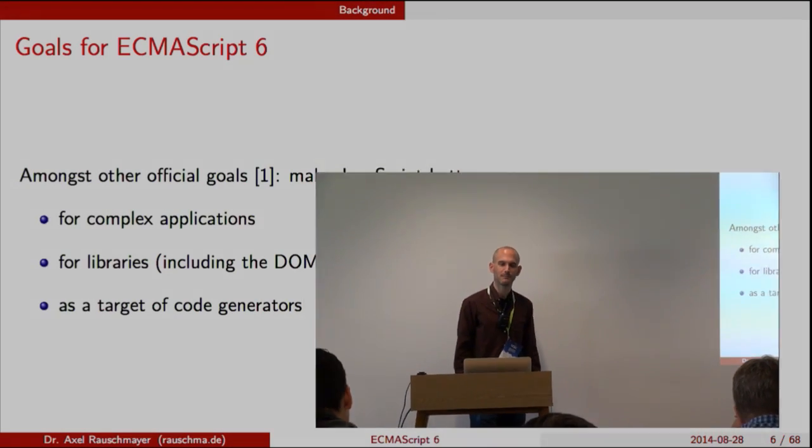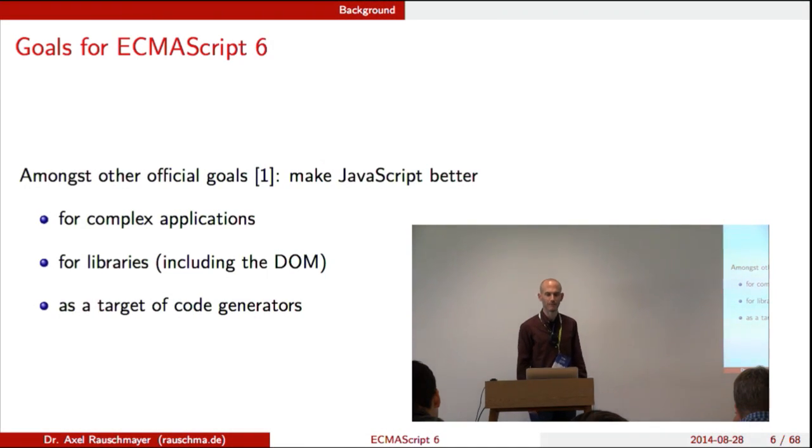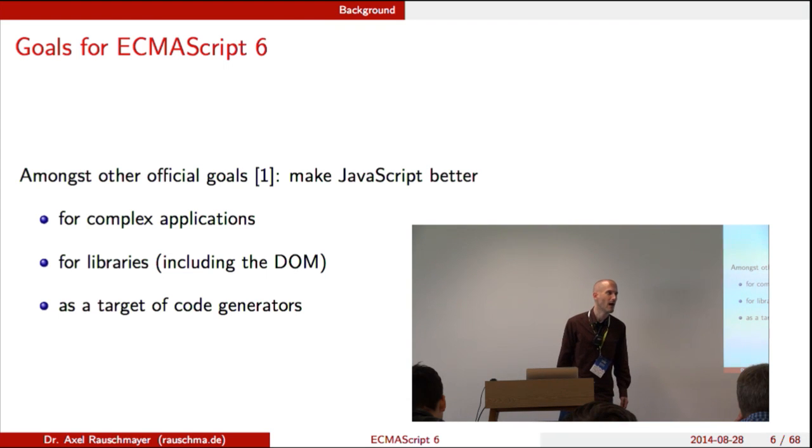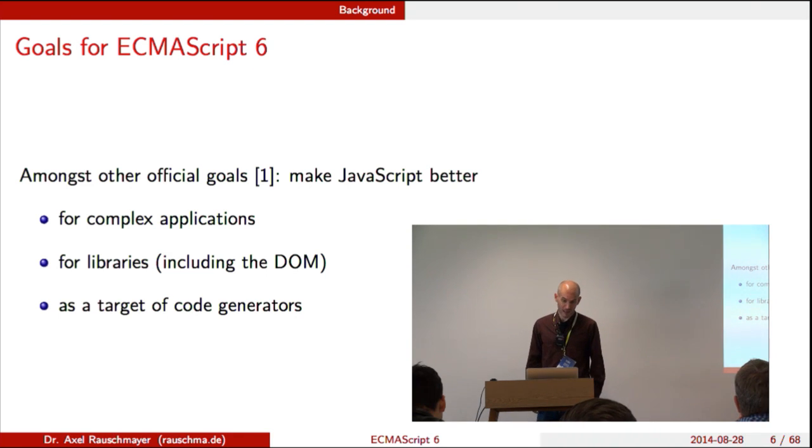The goals for ECMAScript 6 are stated in the official wiki for ECMAScript and its future. There are several goals. Three I find interesting: TC39 wants to make JavaScript better for complex applications, because we now have JavaScript applications with, I think, probably a million lines of code; for libraries, again, a lot of libraries; and they want to make JavaScript a better target for code generators.